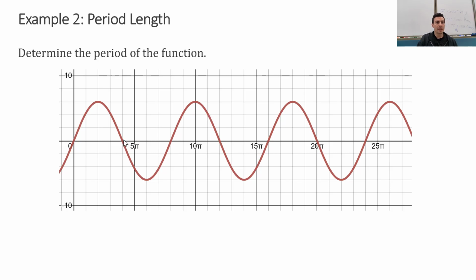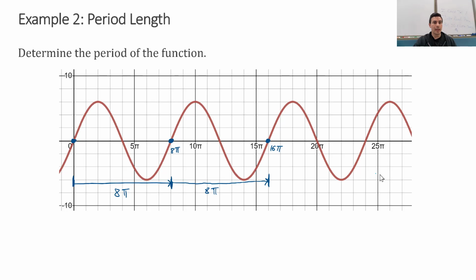Just because I hit the x-axis or some value twice doesn't mean I've fully gone a period length. I need to wait until the whole iteration starts over again. The whole curve would have to start over. So in this instance, from 0 to 8 pi is where we start to see repeating function values.